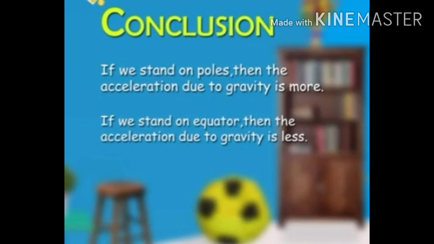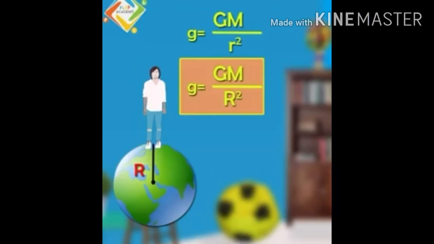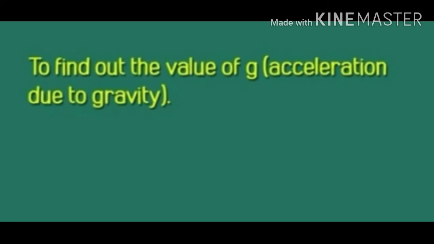Now we have derived the formula g = G M / R². Next, how to calculate the value of g.